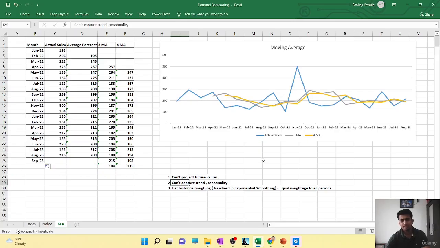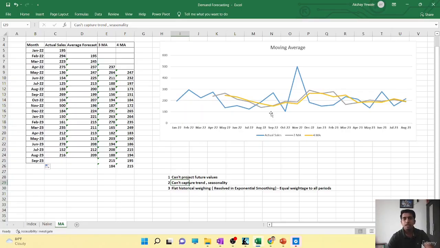Secondly, it doesn't capture trend or seasonality. The model is just based upon averaging the previous some periods. It doesn't capture the trend. What is trend? Trend is the increase in the forecast of the actuals. And seasonality is a repeatable pattern which you see across the time period.